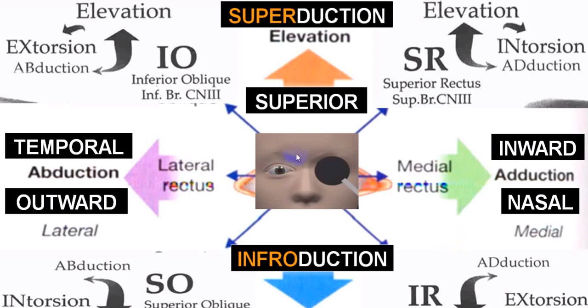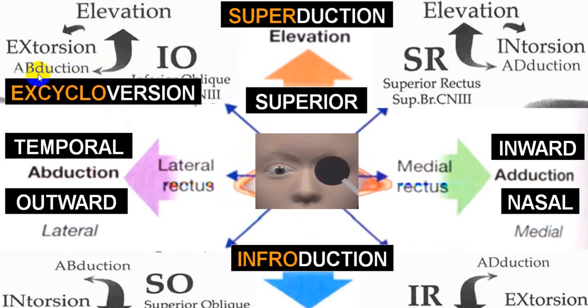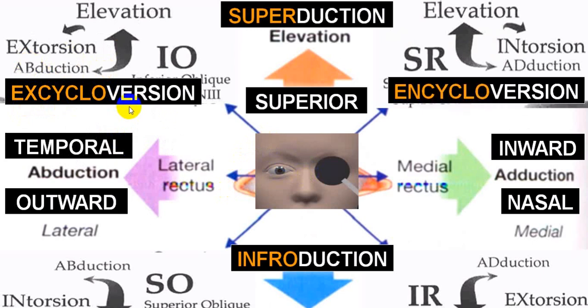That is called extorsion and intorsion. Intorsion means the eyeball is rotated towards the medial side. And when the eyeball is rotated outwards, it is called extorsion. The other words utilized for that are excycloversion and encycloversion. So these are the terms.